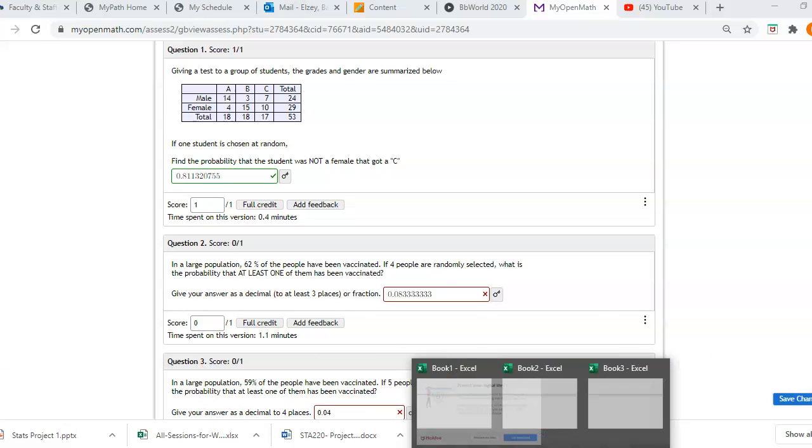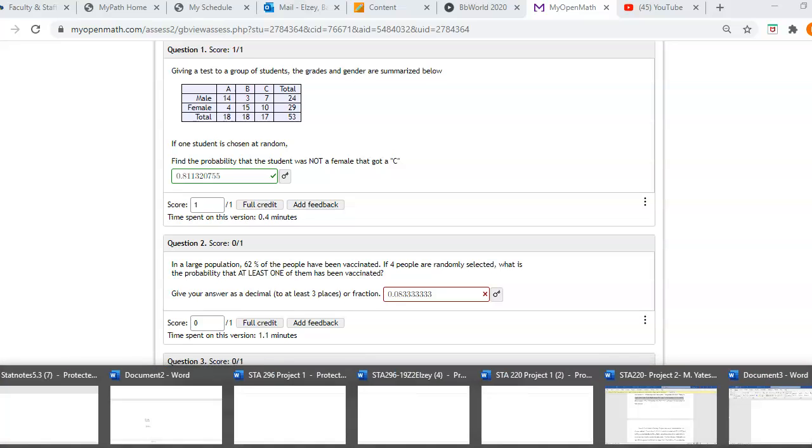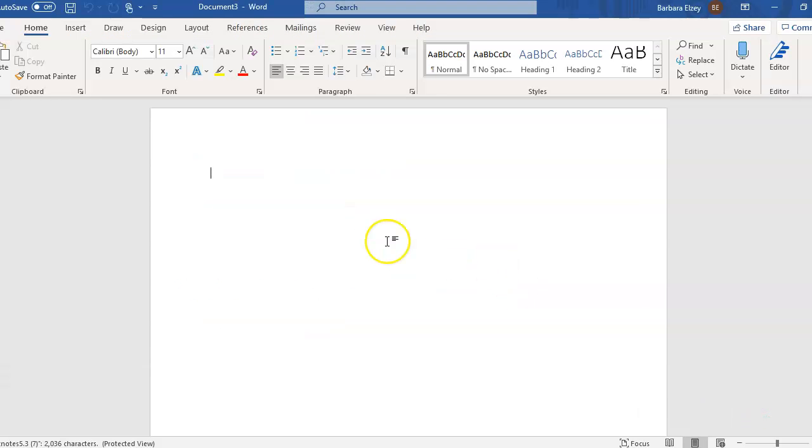So we've got 4 people. So our probability that the first person is not vaccinated is 0.38. Our probability that the second person is not vaccinated is 0.38. Third person, 0.38. And then the fourth person not vaccinated is 0.38.